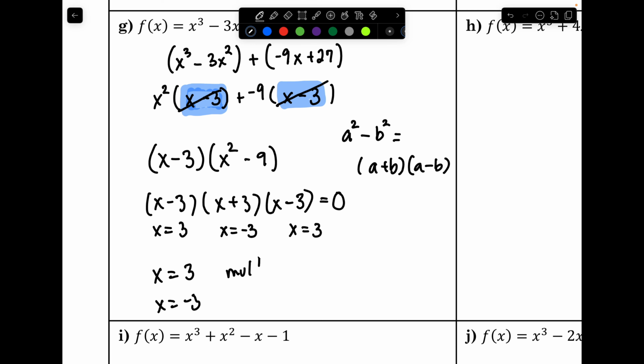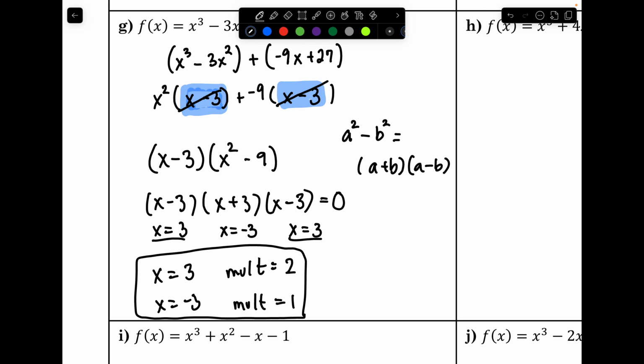And what are their respective multiplicities? Well, positive 3, we have two of them, so x equals 3 has a multiplicity of 2. X equals negative 3 only one time, so our multiplicity is 1. And there are the zeros and the respective multiplicities.